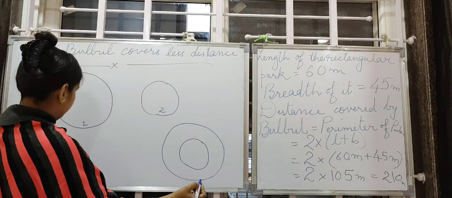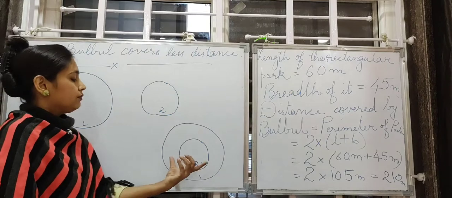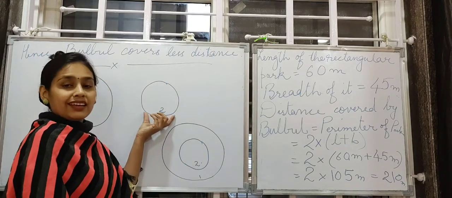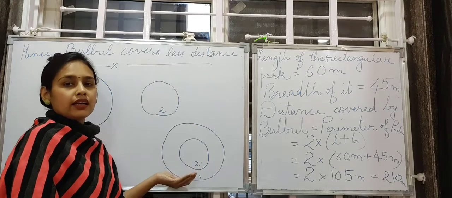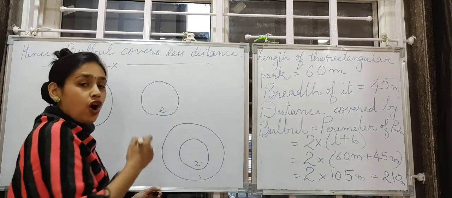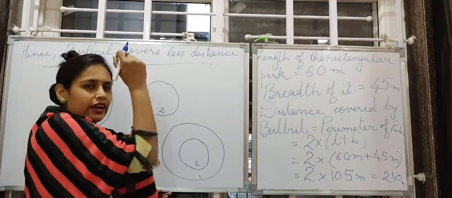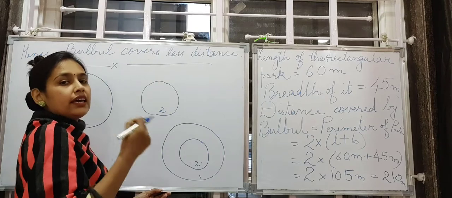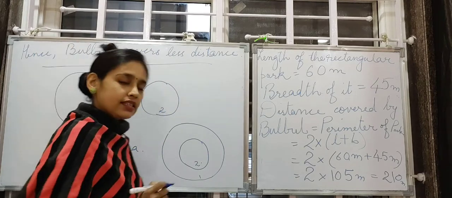Something like this. That means this second circle is taking some space of circle 1. Yes. So the space occupied by any flat surface or any closed figure is known as its area.